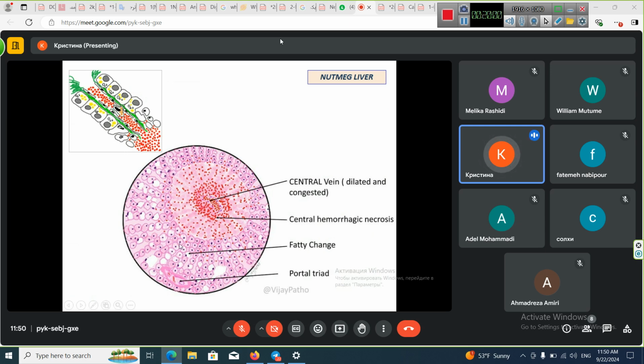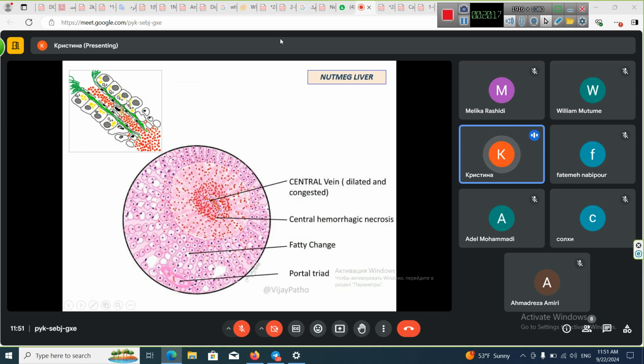Next, we see the area of the hepatocytes which are located more peripherally, closer to the area of portal triads with artery. This area corresponds to these cells.